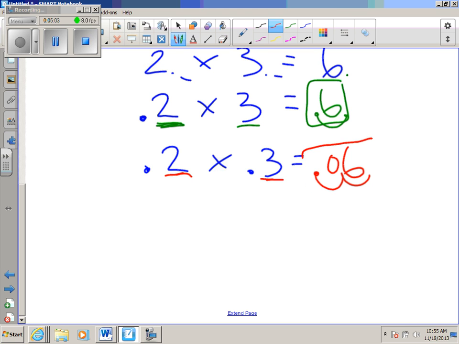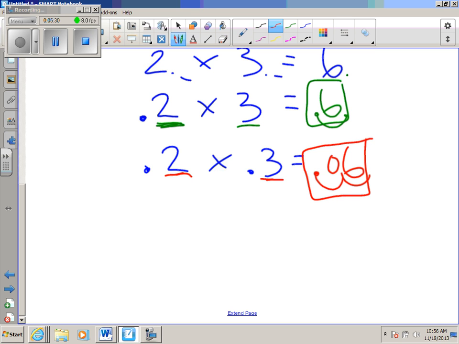A 0. So it's really 0.06. The facts stayed the same. 2 times 3 is still 6. What changes is the number of decimal places that are there.